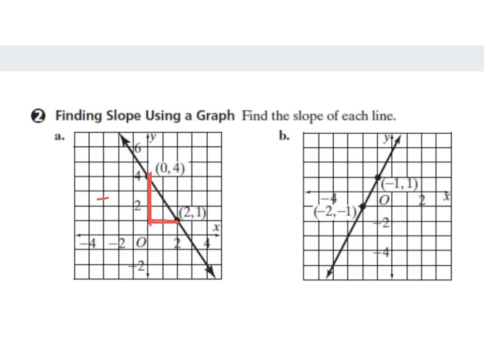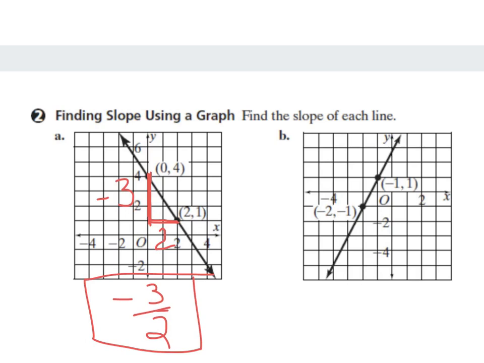So we are going down 3, and then we're going from 0 to 2 in our point, so that is 2. So our rise over our run is -3 over 2, and you can just leave that as an improper fraction. Don't write a mixed number. It's completely acceptable to just say -3 halves.